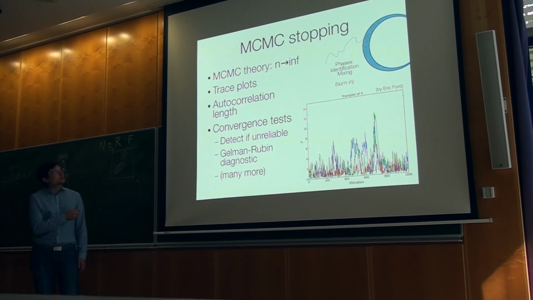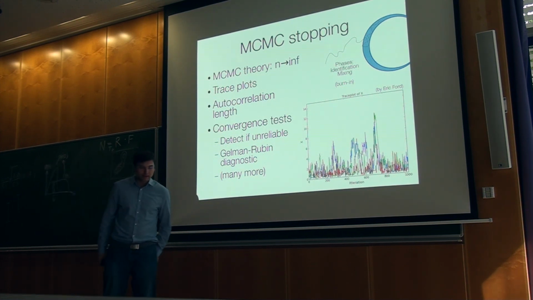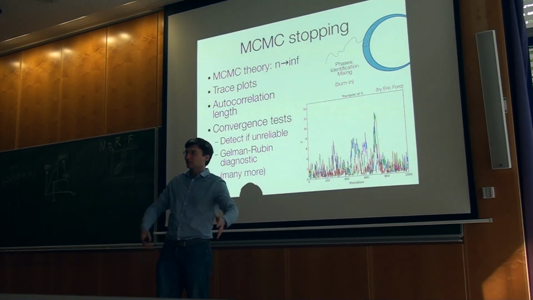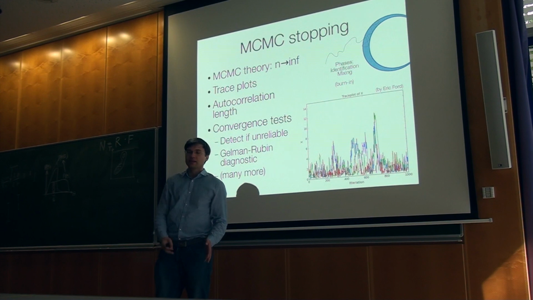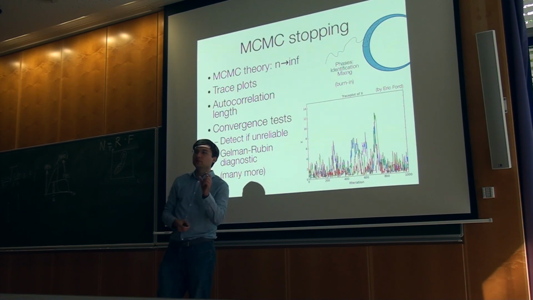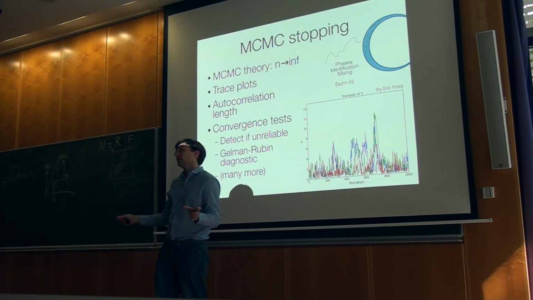One convergence test that is quite easy to understand is the Gelman-Rubin diagnostic, and the idea is the following. You run one MCMC chain, you run another MCMC chain, you run another MCMC chain, and you segment each of those chains into bits, so you chop them up, and then you compare the mean within the parts and the means across the parts.